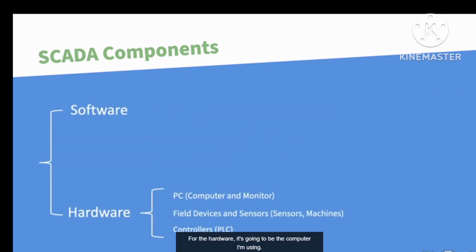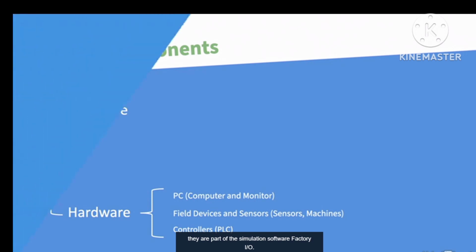For the hardware, it's going to be the computer I'm using. And if we were using real physical devices, then we need to include the sensors, the machines, the controllers, the PLC under the hardware component. But for our case, they are part of the simulation software Factory I/O.